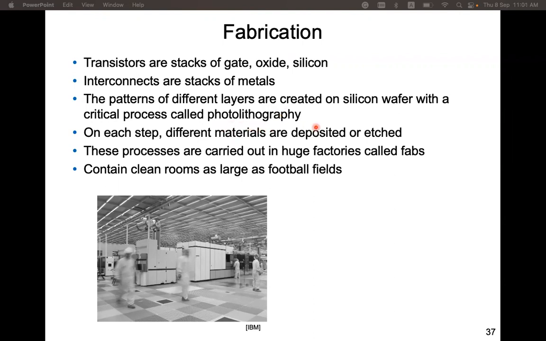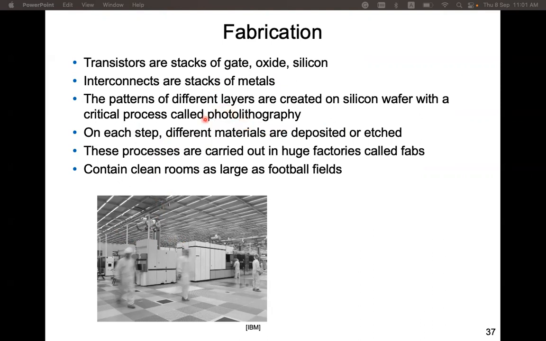On each step, different materials are deposited or etched. And these processes are carried out in a huge facility called fabs, IC fabs, and it contains clean rooms as large as football fields. So the critical process is the photolithography process, and we will go through this in some detail.